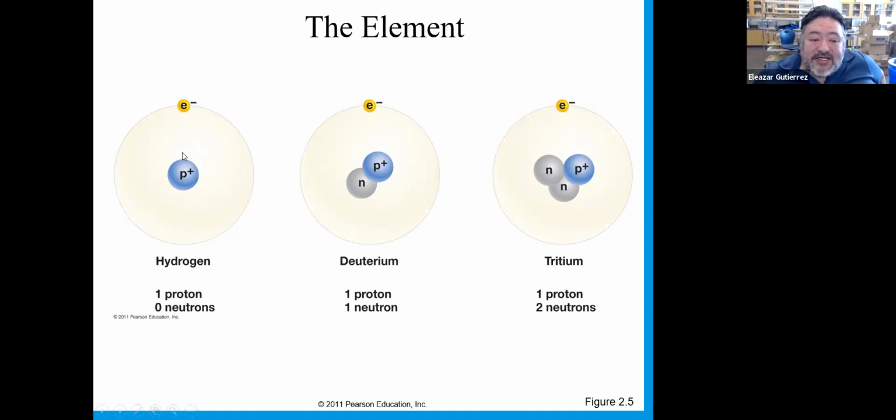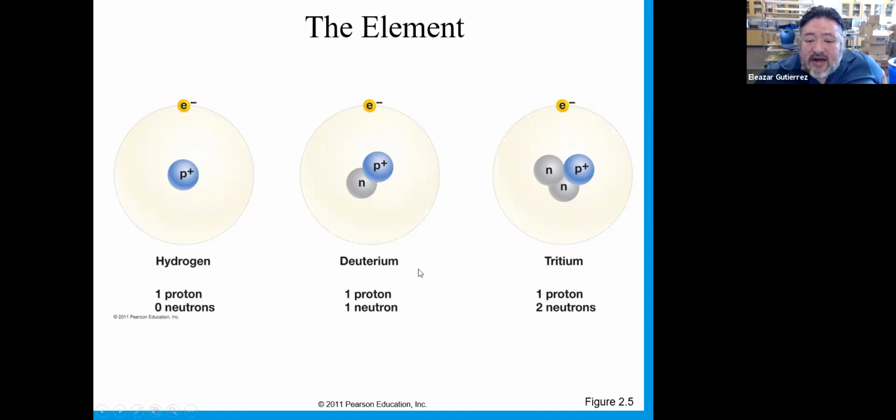However, notice that this one doesn't have any neutrons in it. Therefore, its atomic mass is that of the one proton. In deuterium, which is hydrogen also, there's a single neutron. The identity of the element is still hydrogen.